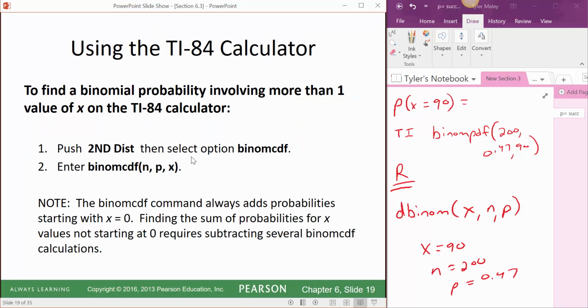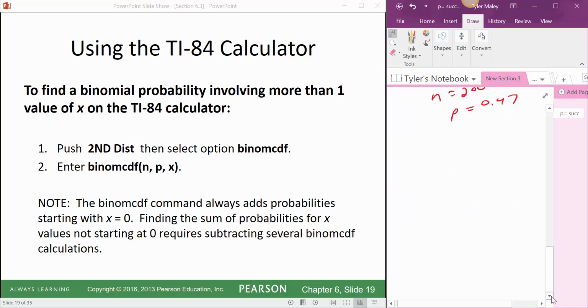So using the TI, this is the command that we're going to put in, right? In this case, we want to find the probability that x is 0 plus the probability that x is 1 plus the probability that x is 2 plus the probability that x is 3, right?